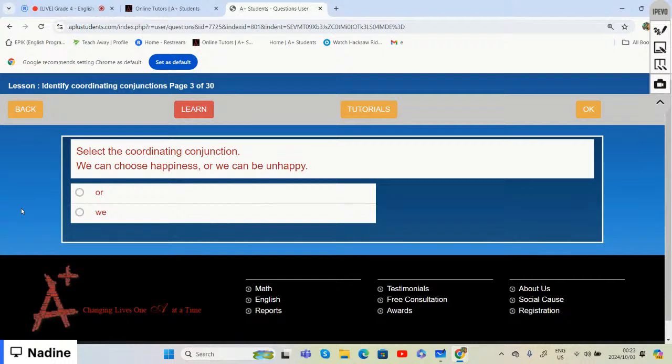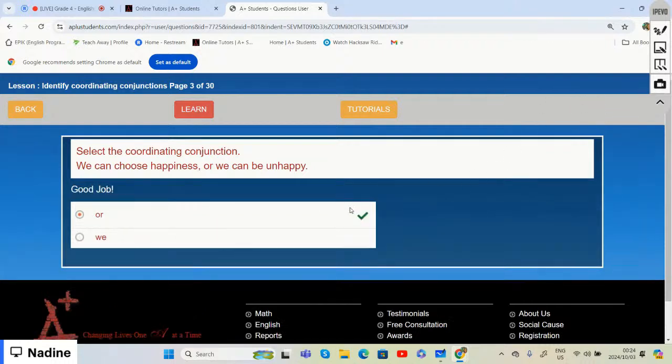We need to choose the coordinating conjunction. We can choose happiness or we can be unhappy. If we choose the correct option, we will go with or, because that is our coordinating conjunction.